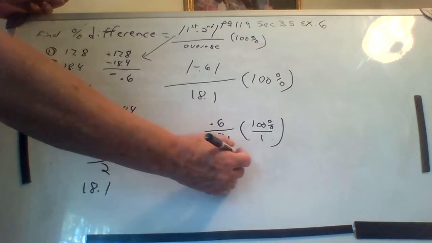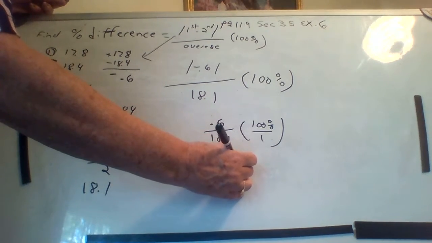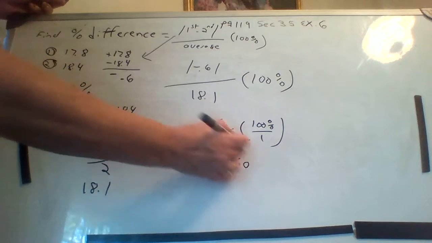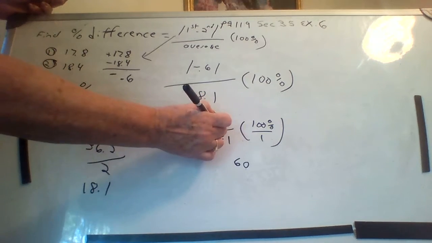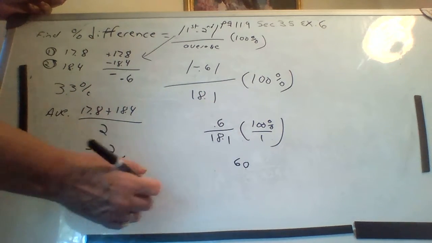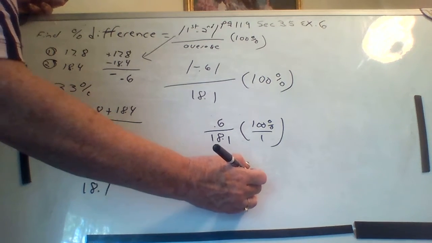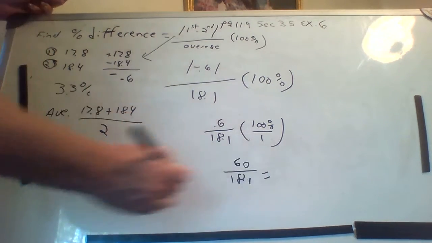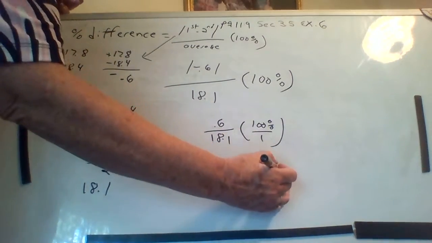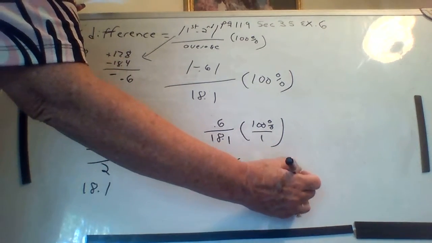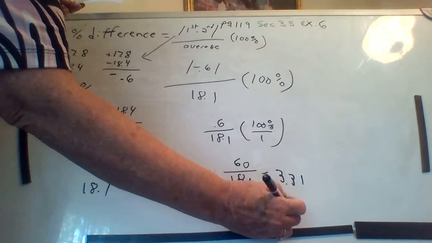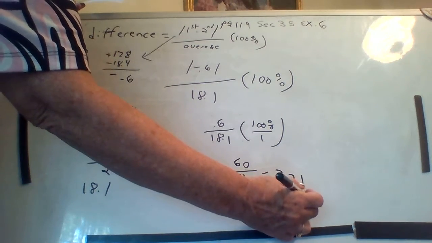Which is going to end up giving me 60, and I should make the dot smaller just so you don't think it's a minus sign, but 60 over 18.1, which gives me 3.31, which is 3.3%.